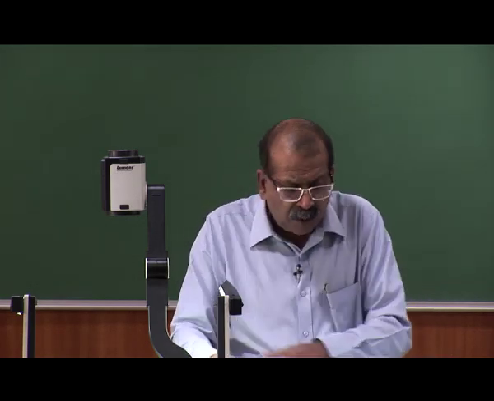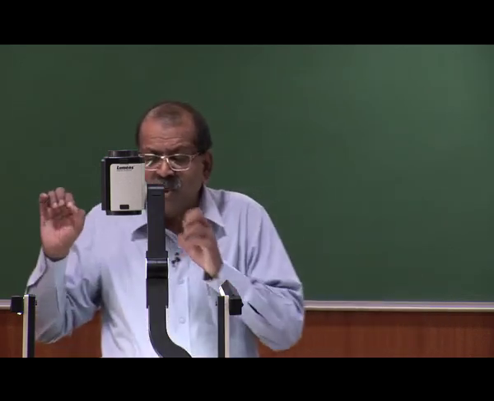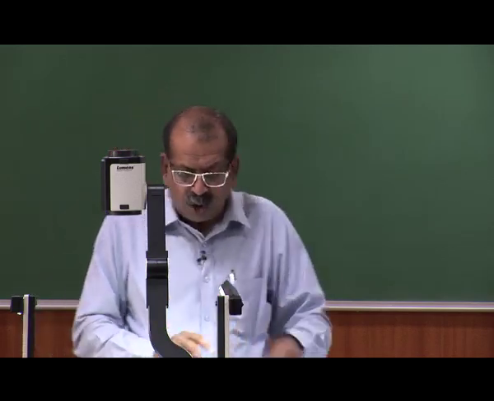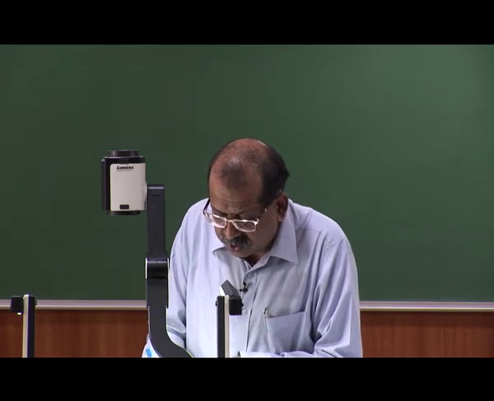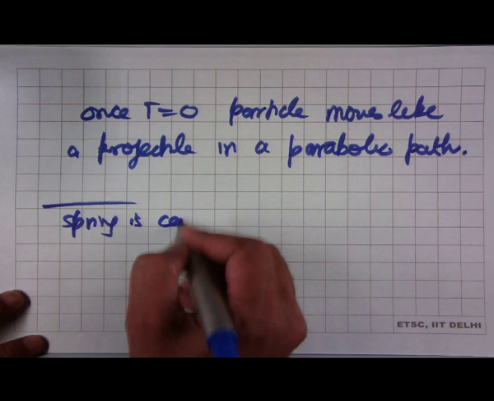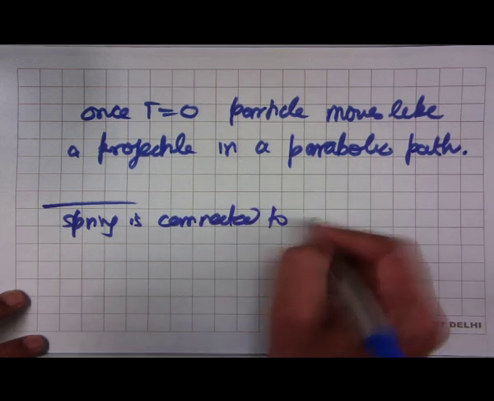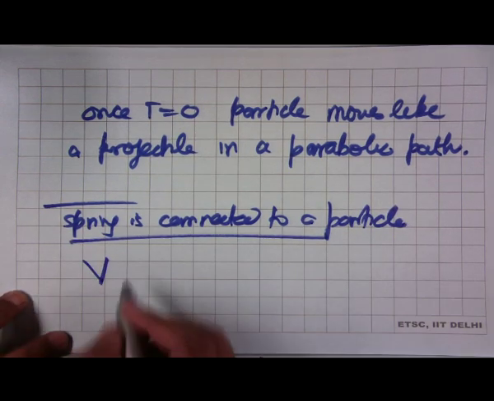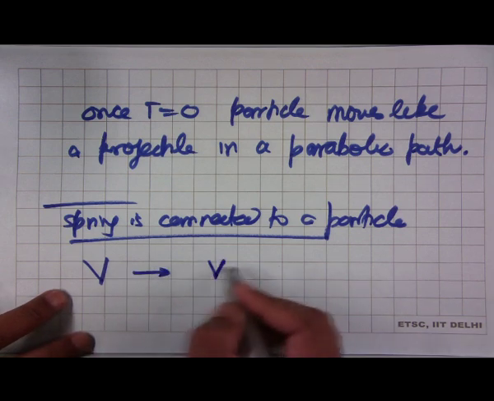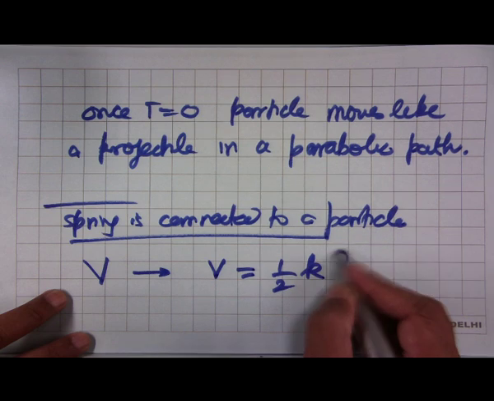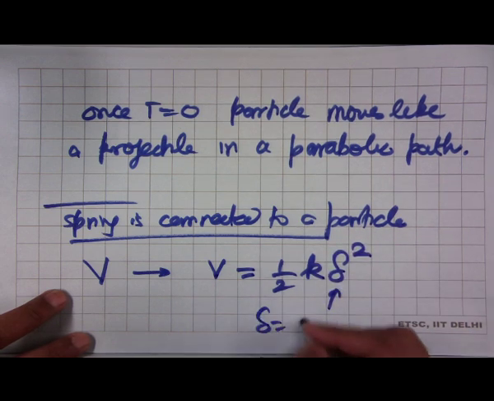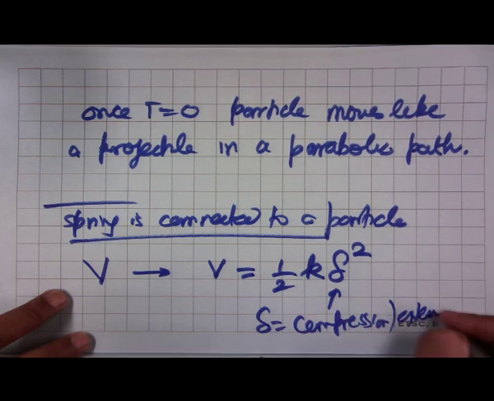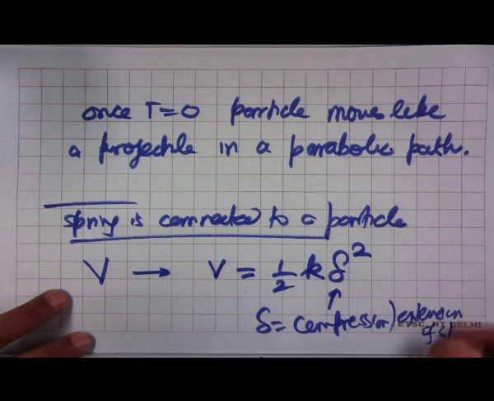Now, in some other problems you may find springs being connected to the particle. If a spring is connected to a particle, the only change which will come is in the potential energy, and the spring potential energy is equal to half k delta square, where delta is the compression or the extension of the spring. So, rest all stays the same.